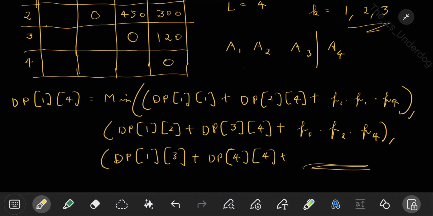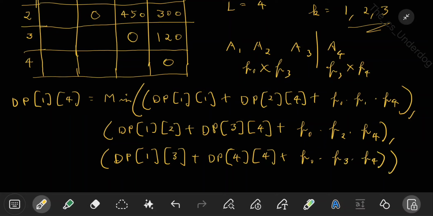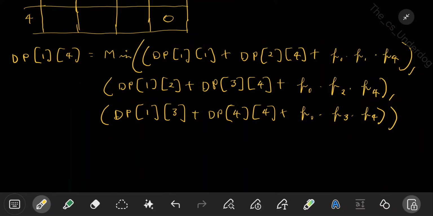A1, A2, A3, this will have a dimension of P0 by P3. A4 will have a dimension of P3 by P4. So here total will be P0 into P3 into P4. So this is the final one that you have to find. Minimum of all these. Let us take each of these values. Let us find this out.